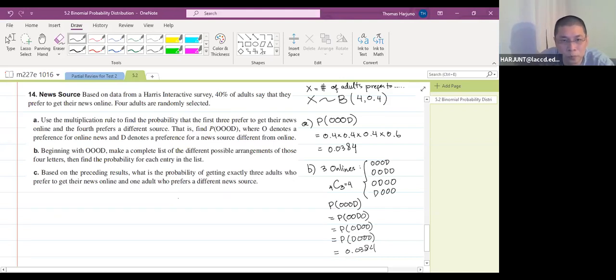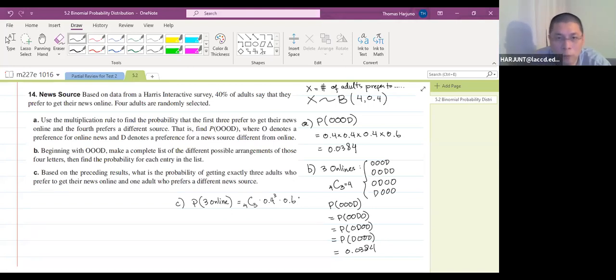So the probability of getting 3 onlines, which implies 1 different, is 4 combination 3 times 0.4 cubed times 0.6. This is the internal work of how we compute it supposedly.